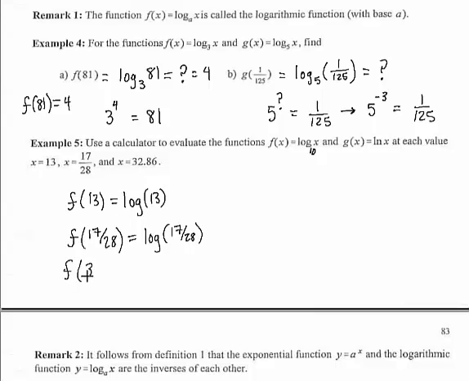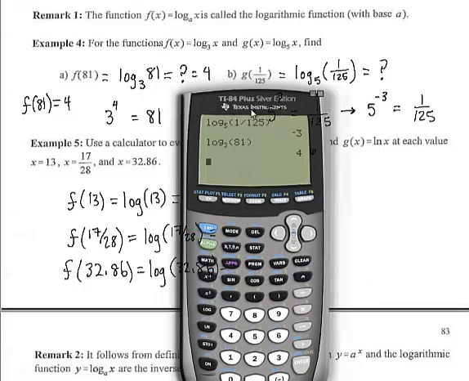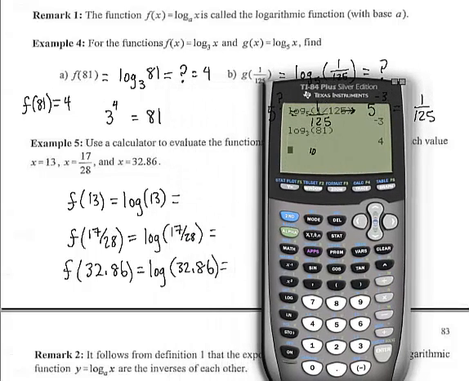And then f of 32.86 would equal log of 32.86. So with the buttons on our calculator, this can be done fairly quickly.